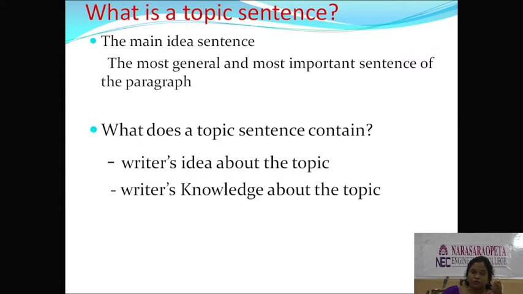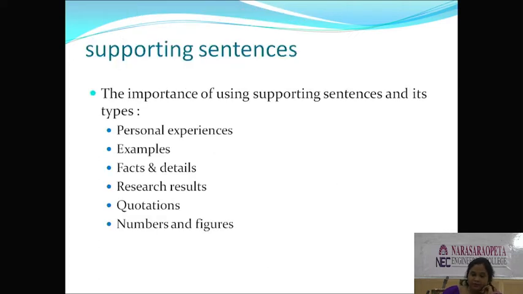So you need to know about that person in depth. So the writer's knowledge about the topic is also very important. And for this, the second thing you need to remember is supporting sentences. So what are the supporting sentences? What are the things that are added in order to make a paragraph attractive, beautiful, and for people to read it?